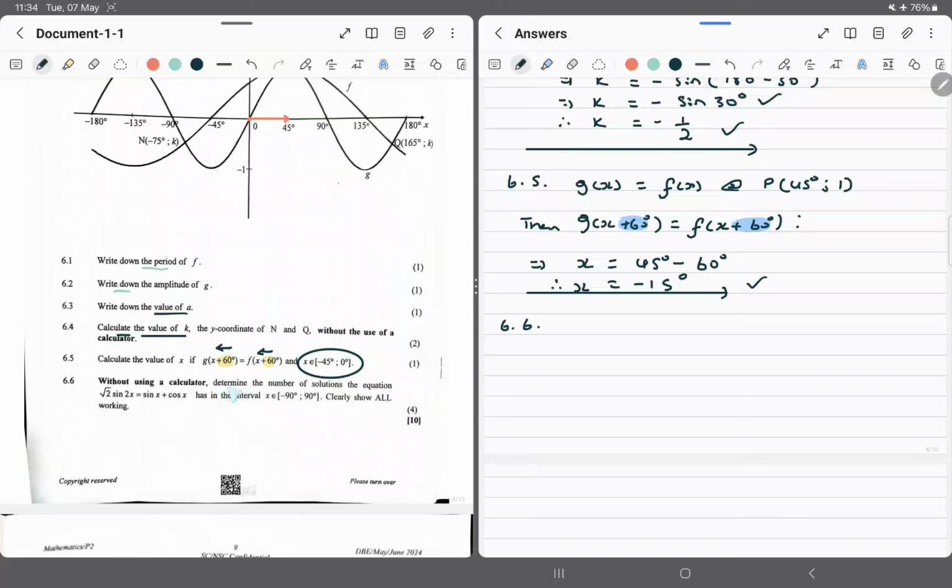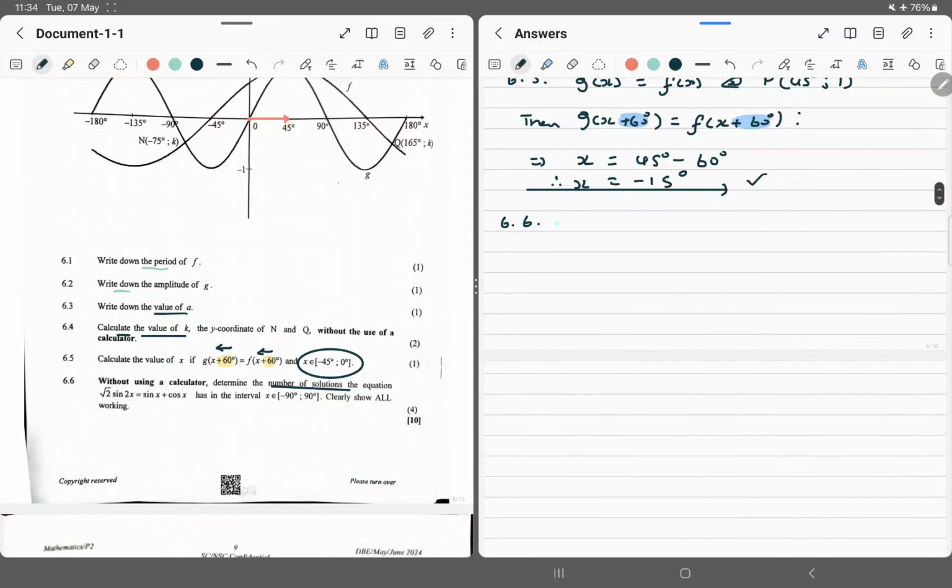Now, without using a calculator, determine the number of solutions. Can you see, number of solutions to the equation? Okay, so we're given square root 2 times sine 2x is equal to sine x plus cos x.